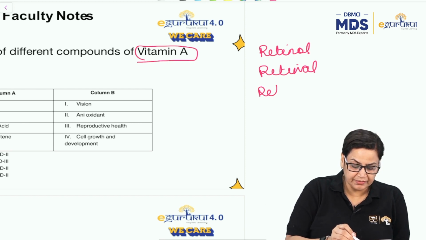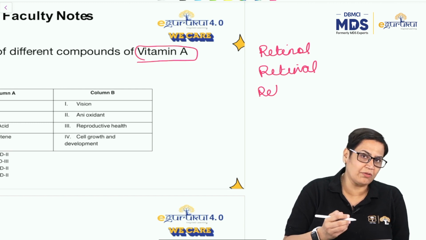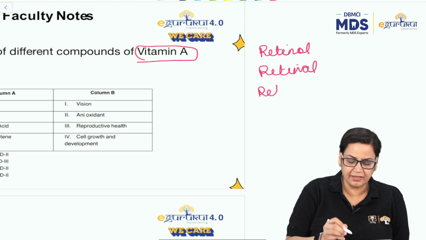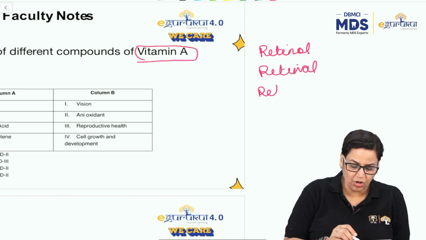Ol is for reproduction. Oic acid is for cell growth and development, and the richest source of vitamin A are carrots, beta carotene, which is an antioxidant. Now look at the options.